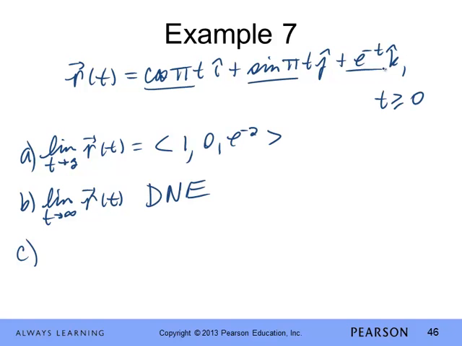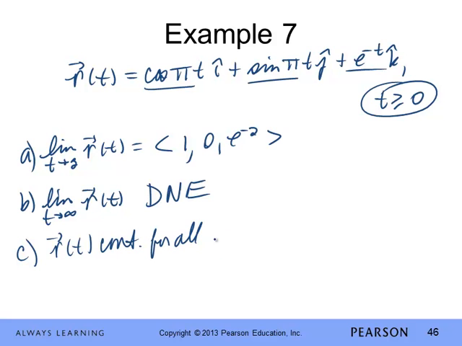But in this case, all three functions are continuous everywhere for all values of t. And not only that, t is restricted, though, to non-negative values for t. So we say that r of t is continuous for all t greater than or equal to 0. Okay?